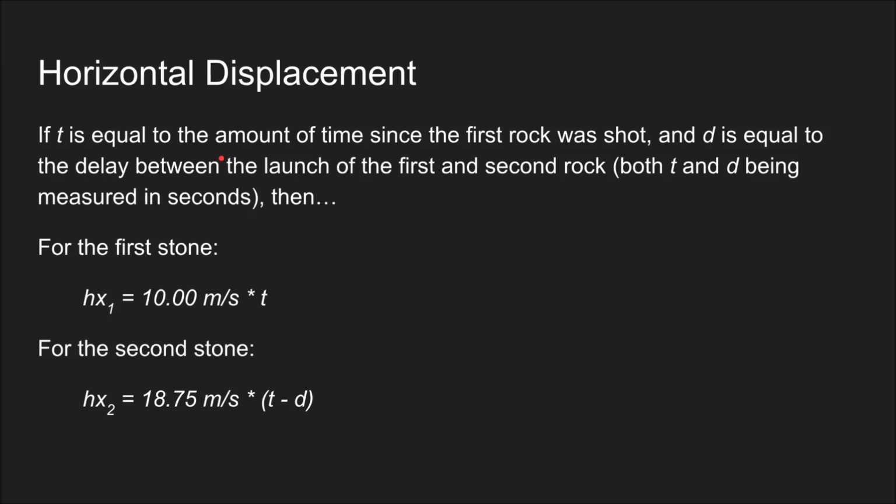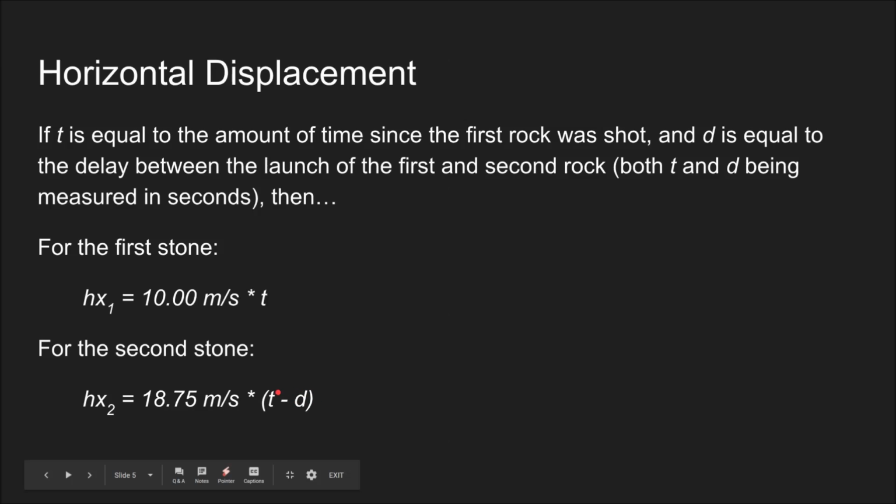If t is equal to the amount of time since the first rock was shot, and d is equal to the delay between the launch of the first and second rock, both t and d being measured in seconds, then for the first stone, the horizontal displacement will be equal to 10 meters per second times the time, and for the second stone, it will be 18.75 meters per second times the time minus the delay.